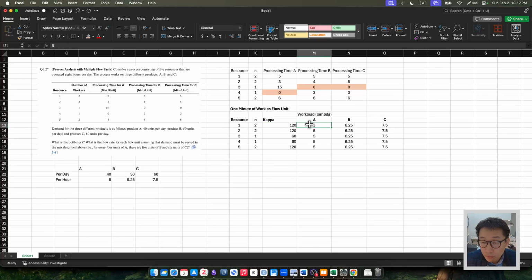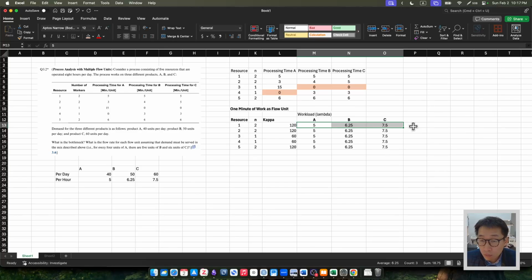Then we need to know altogether how many minutes are expected. We need 5 units of A, 6.25 units of B, 7.5 units of C. To make all these, how many minutes are expected?